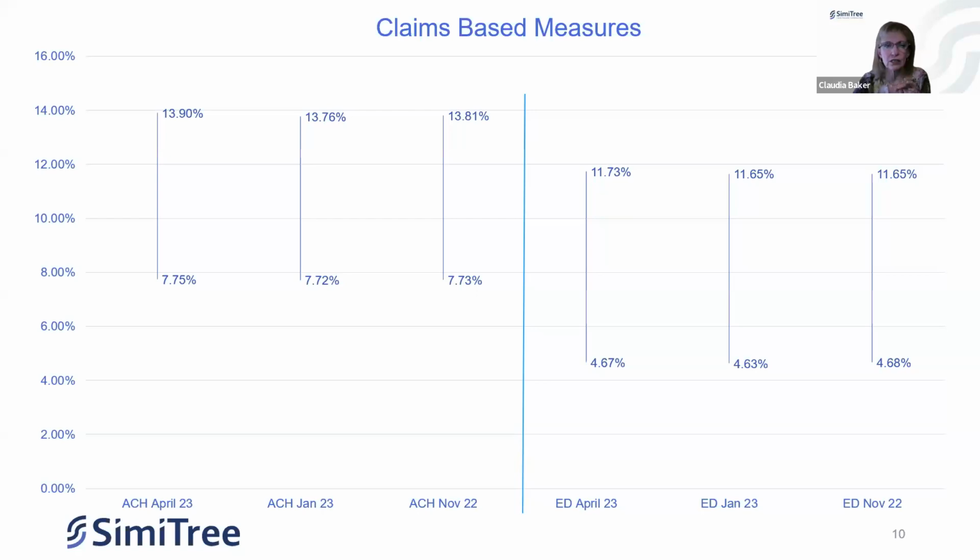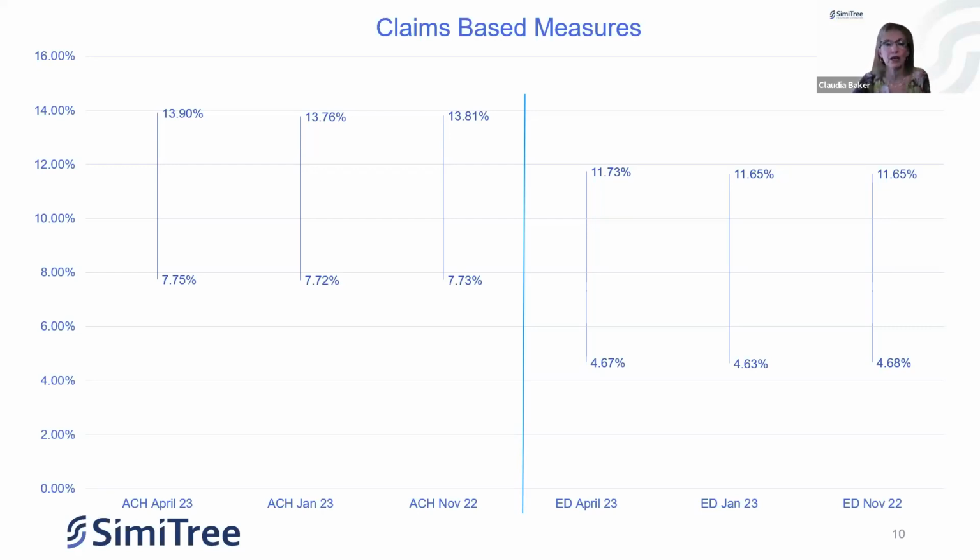So what this says is that in that time period where they've been sending us information, what the thresholds are, the high and the low points that we are being measured in, really hadn't changed all that much. So these have only varied slightly, both the claims-based measures in these.